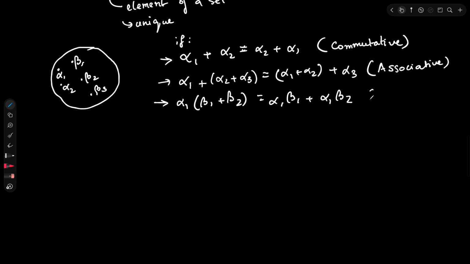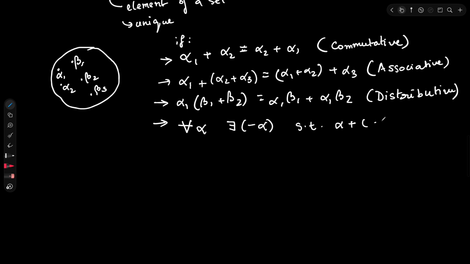This is called the distributive property. Apart from that, for every alpha, this is the sign for 'for every', there exists a minus alpha such that alpha plus minus alpha equals 0. This is called the additive inverse.